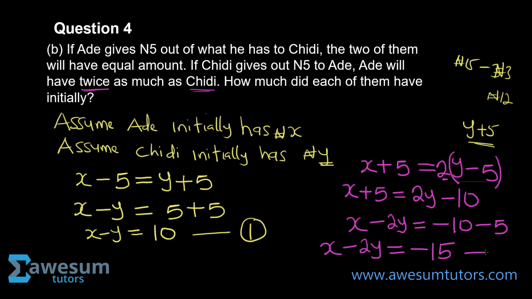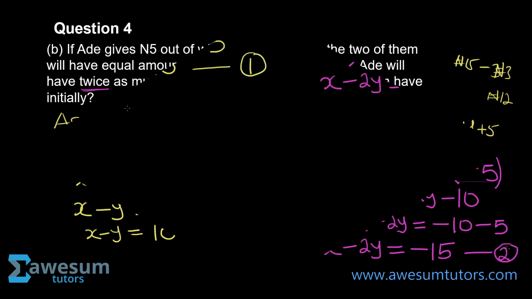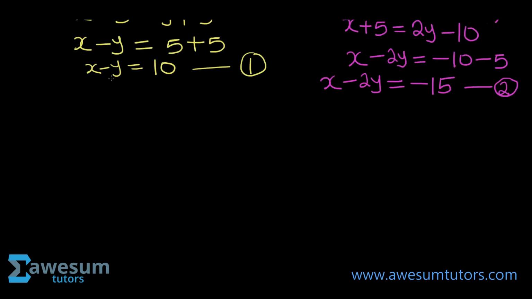Very good. Now I can call this equation 2. Simultaneous equation with 2 unknowns. So that means we need to find X and Y. In this case we can use what we call the elimination method. So in this case I will have X minus Y equals 10.